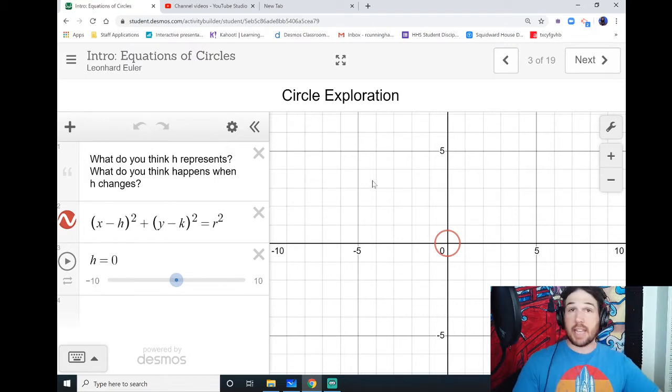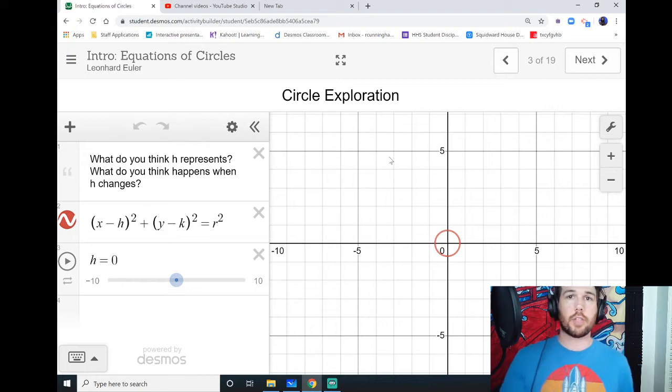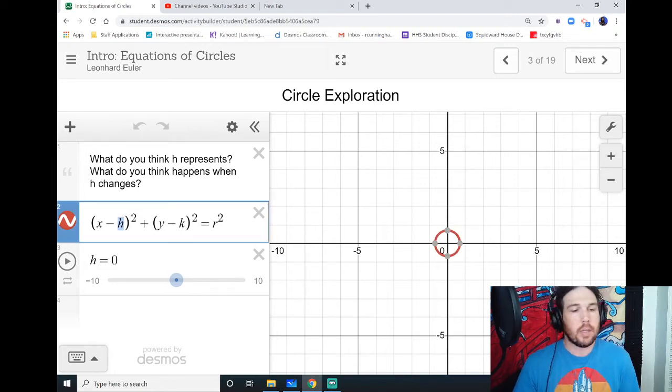Now it's asking, same equation, (x minus h) squared plus (y minus k) squared equals r squared. We'll talk more about where this equation comes from in another video, but for now it's asking what happens when h changes. Okay, so h is this variable right here with x.